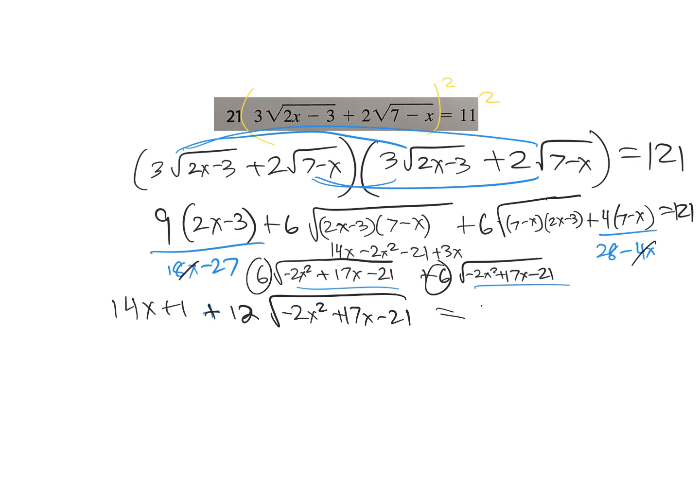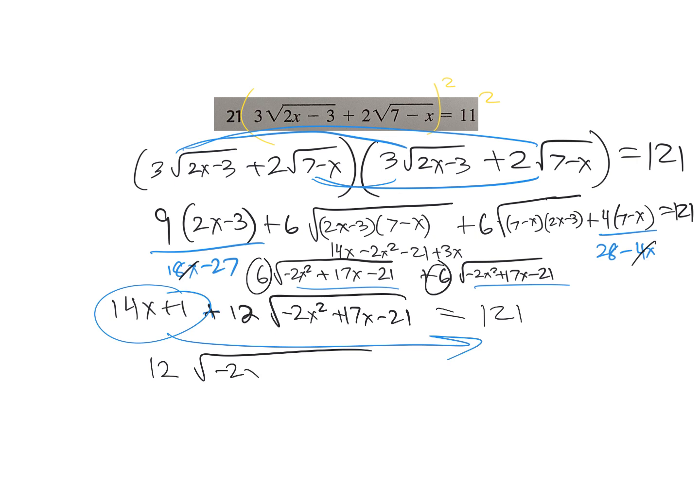And that equals our 121. All right, so now we're going to move these two to the other side, and we have 12 and the square root, and that equals a negative 14x, and remember, subtracting 14x and a minus 1, so plus 120.